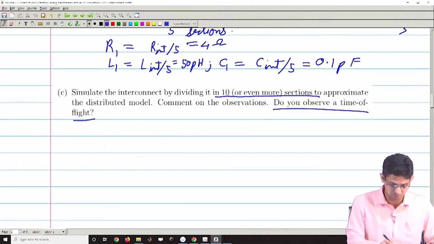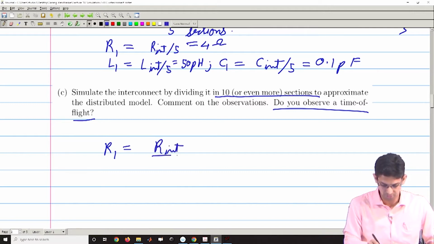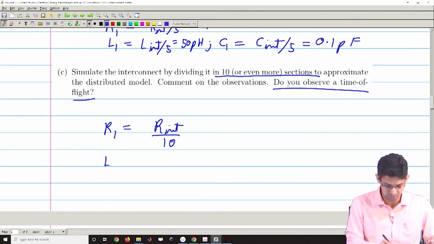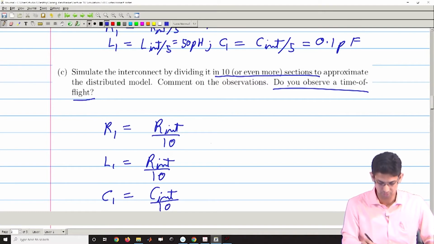So, here now let me still call it R1. My R1 now is R interconnect divided by 10, my L1 is L interconnect divided by 10, and my C1 is C interconnect divided by 10 again.